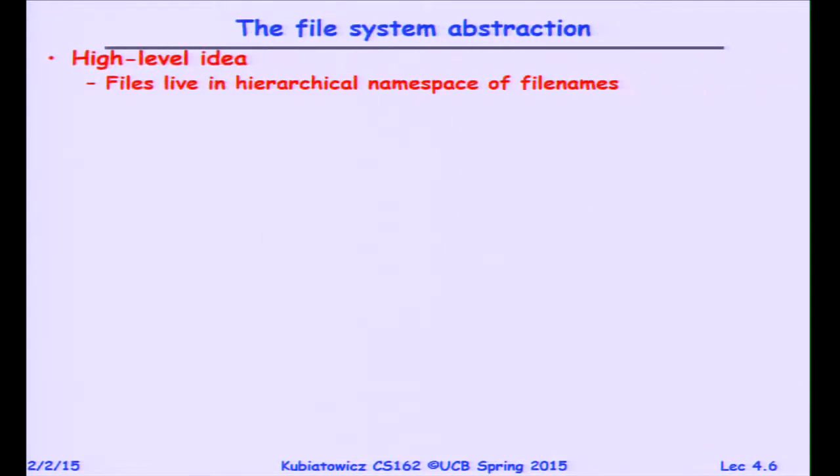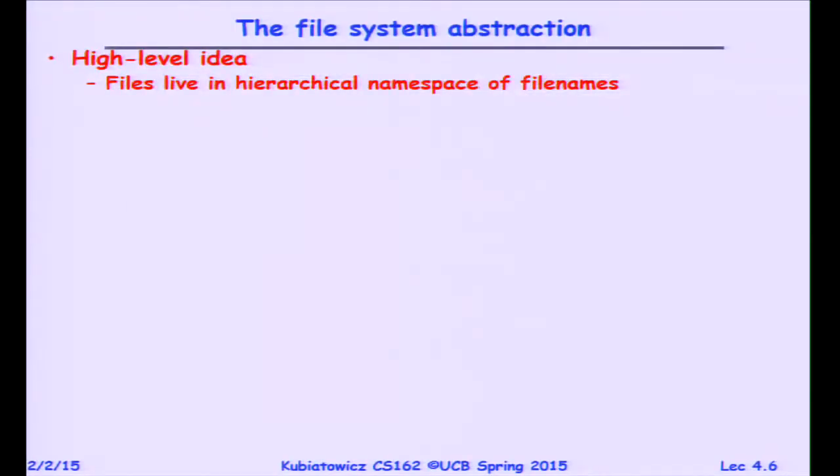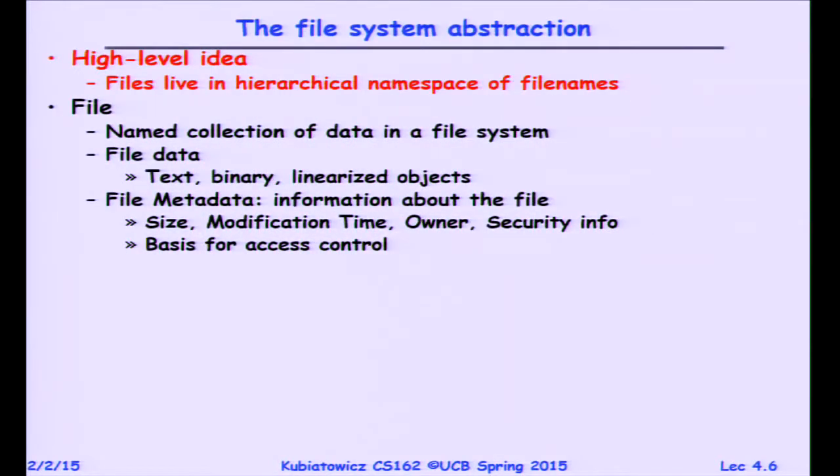So the file system abstraction, the high-level idea with the basic file system, is that files live in a hierarchical namespace of file names. Those files are essentially just a named collection of data in the file system.